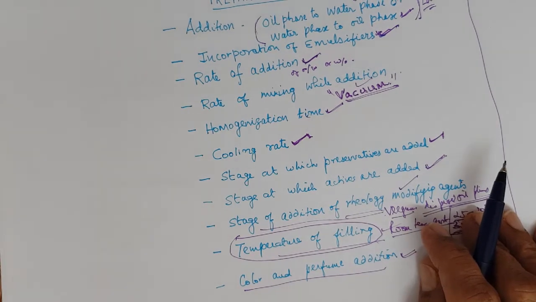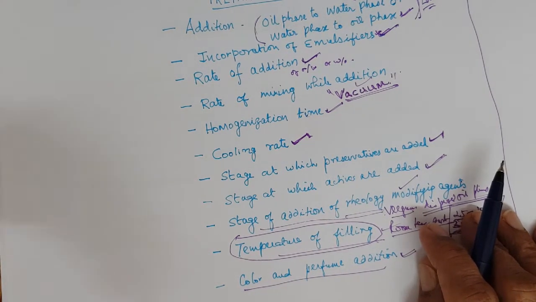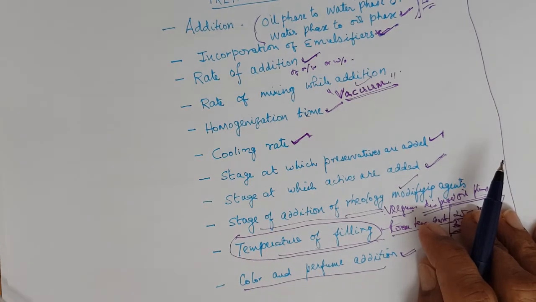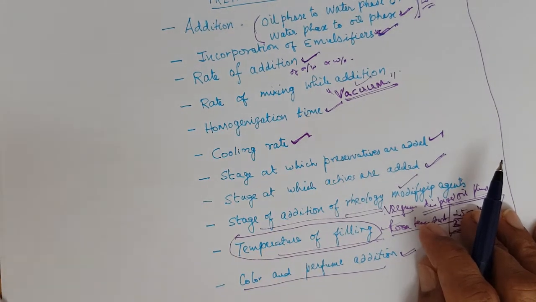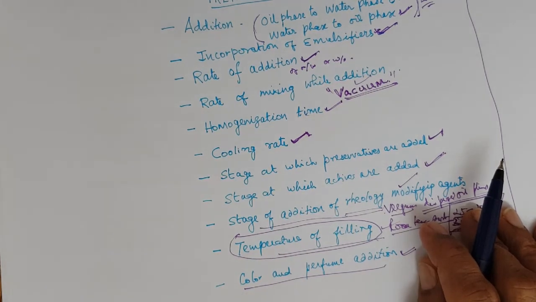That happens in the processing stage itself. We discussed that. Those emulsions are very stable, but if you skip that reversal phase during processing by not maintaining the process right, it will start reversing on storage and the emulsion can break or crack. So you have to be very careful.